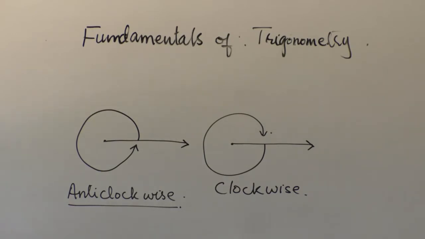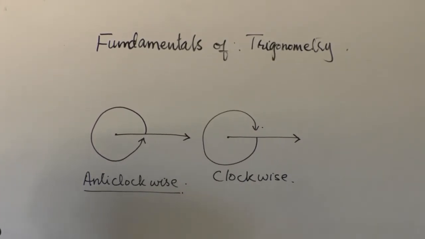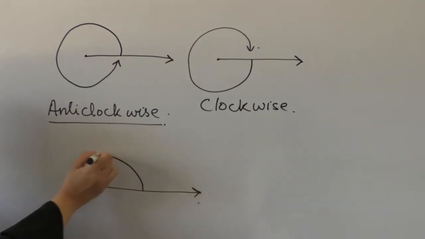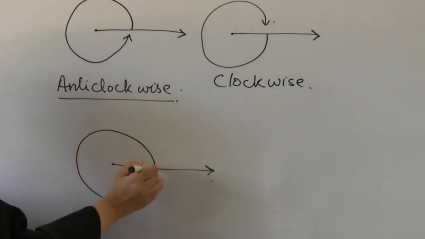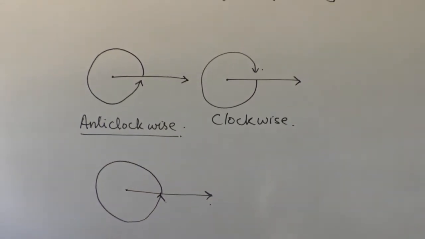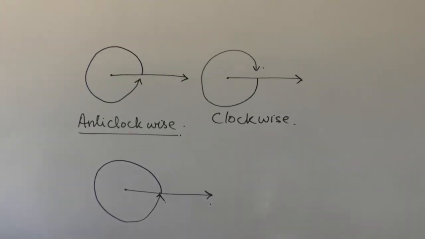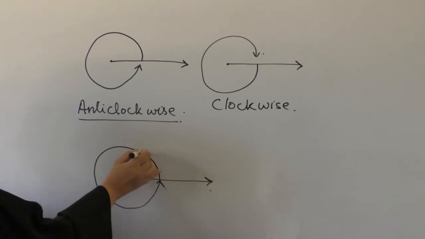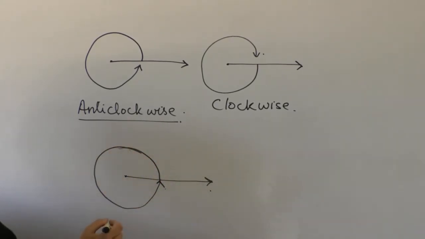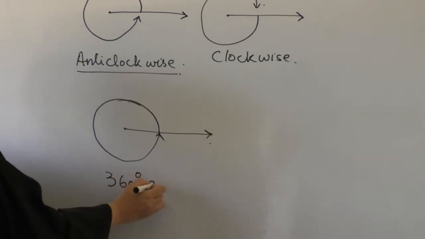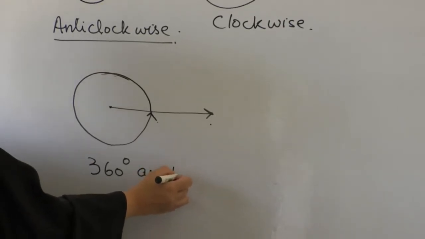Now here, yes students, if we have a ray and using anti-clockwise formation, draw a complete rotation. Look that this complete rotation shows that it completes one circle. So it shows that there are 360-degree angles in one circle.